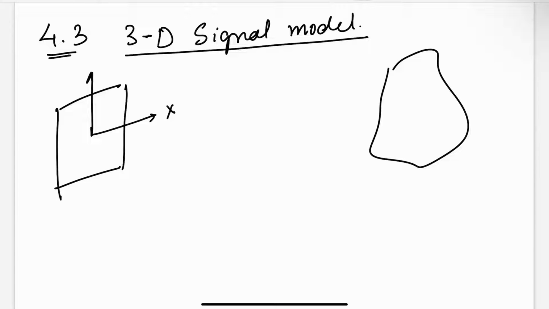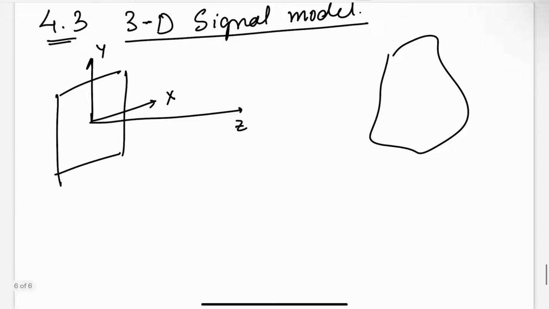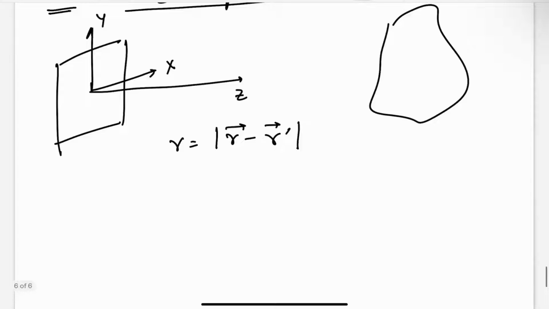Let's say this is X, Y, Z. Again, R is just R minus R prime. So we saw that we are SB term.